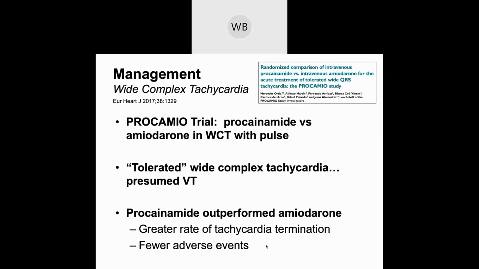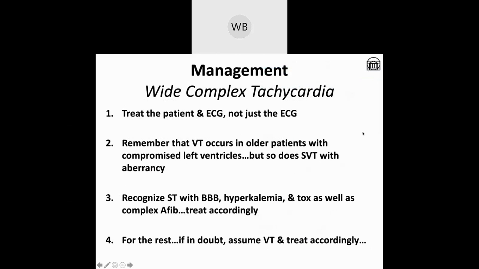If you give it too rapidly, it will precipitate hypotension and can actually further impair conduction in the ventricle with widening of the QRS complex further. So we want to be careful with both of those issues, which are really related to the rate of administration. So think about procainamide. It's an older drug, but it's definitely worth having in your armamentarium to care for patients with stable wide complex tachycardia.